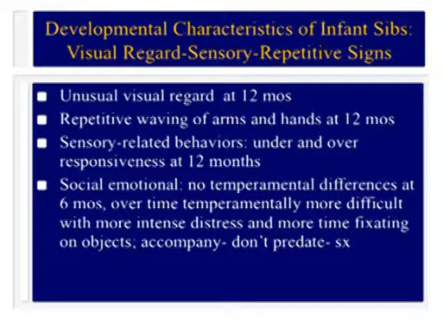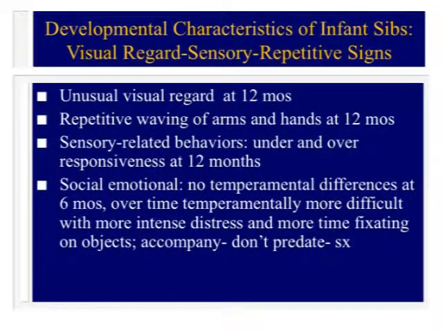At 6 months, the infants were normal. And then when the first manifestations emerged, they were subtle. They weren't marked, but they were in the first year.